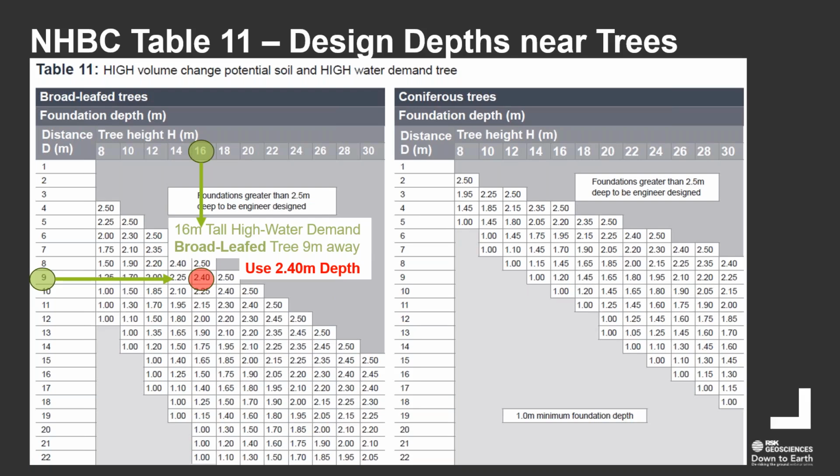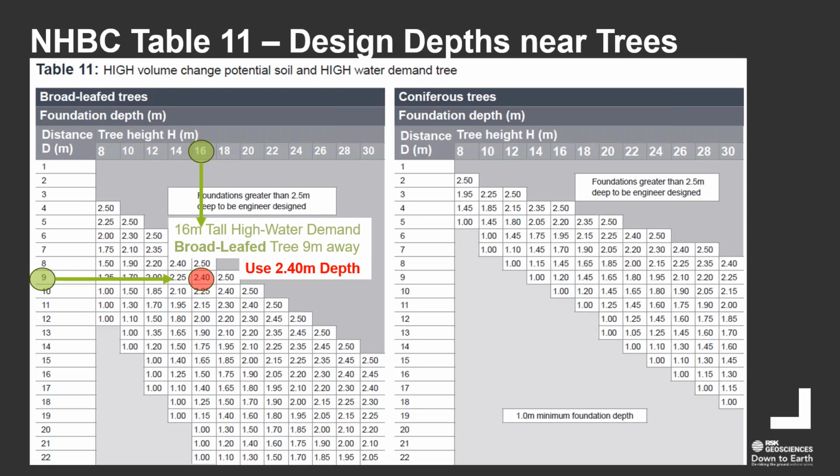And you'll notice on the bottom of the graph that there's nothing goes less than 1 meter, because frankly, if you're not in that zone where you've got numbers, you're outside of the zone of influence to the bottom. So the minimum foundation depth applies for the particular soil type you're in. And so if you're in a high potential shrinkage soil, as we are here, then that depth will be 1 meter. If you're in a medium, that depth would be 0.9 on the other charts, and it would be 0.75 if it was low.